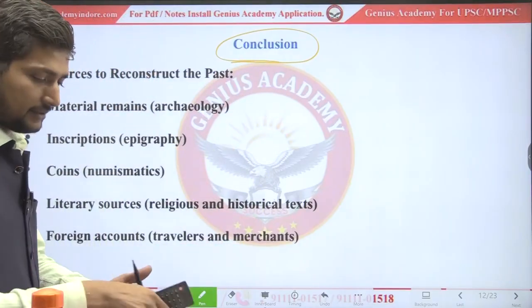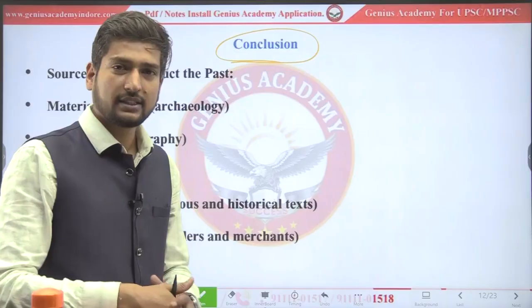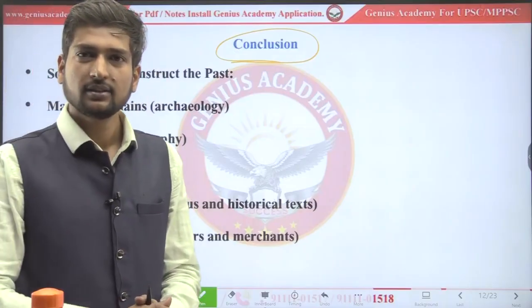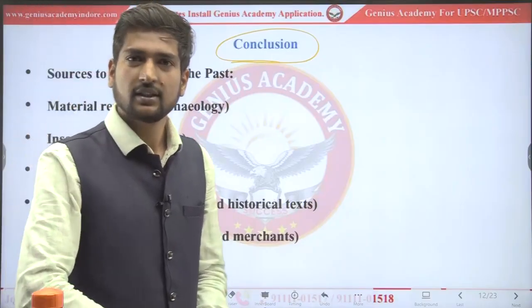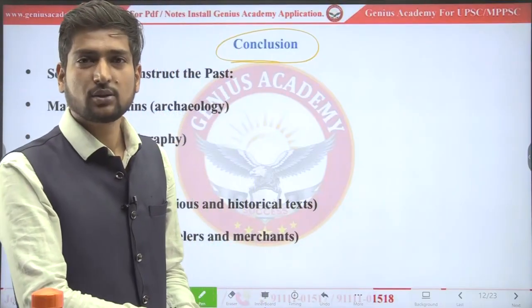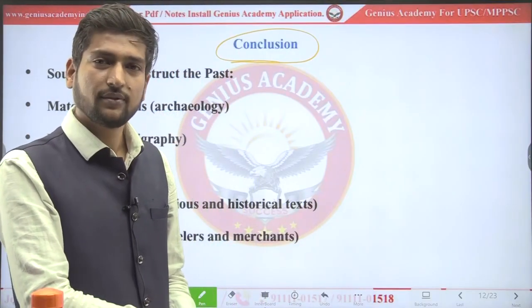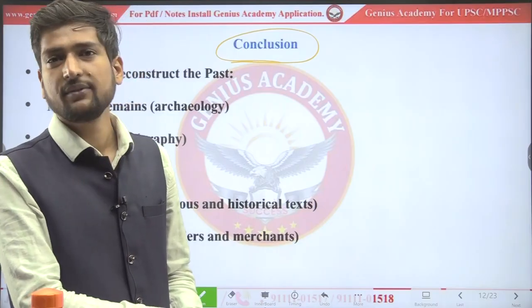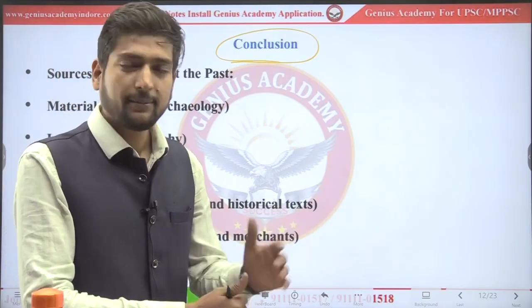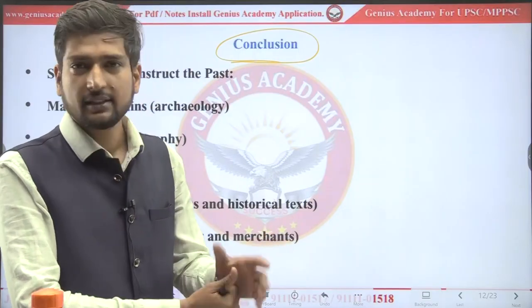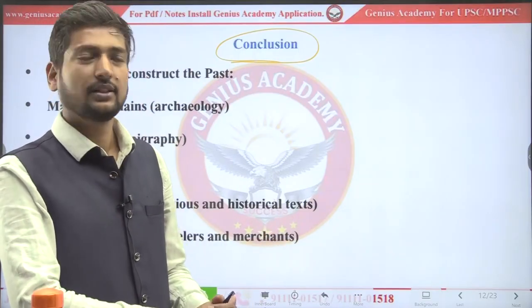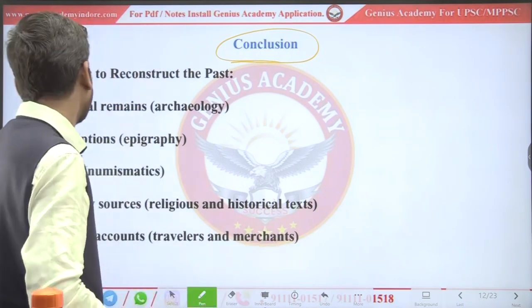What did we study? We can know about our history through material remains. Material remains like pottery, artifacts, tools they were using, stones they were using. Through that, with the help of carbon dating, we can know the date, the period that particular thing is related to.